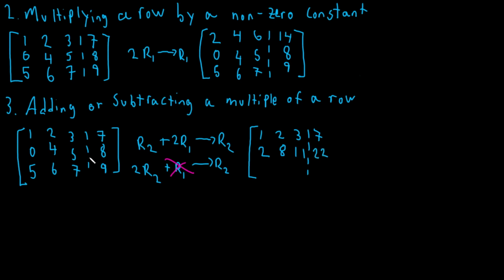I just went ahead and added twice the term on the first row to the term on the second row. And that's exactly what this elementary operation does.